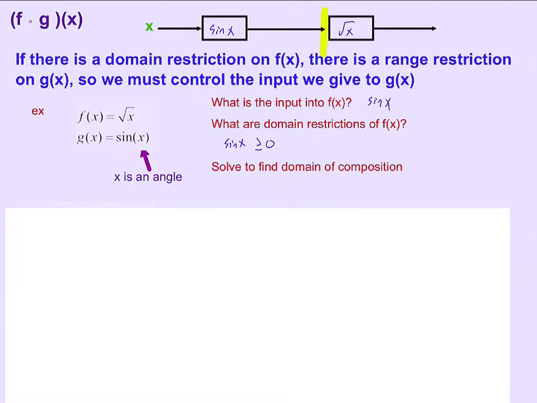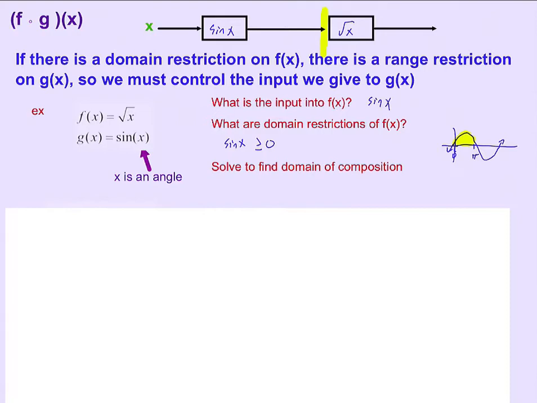And this is where thinking about the parent function helps. This is the parent function for sine of x. And we can see that sine of x is positive, greater than or equal to 0, here. Well, when is that? That's everything between 0 and pi.